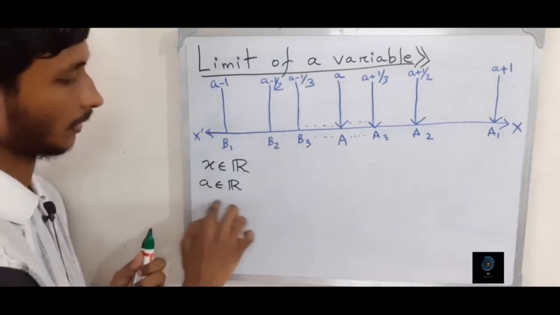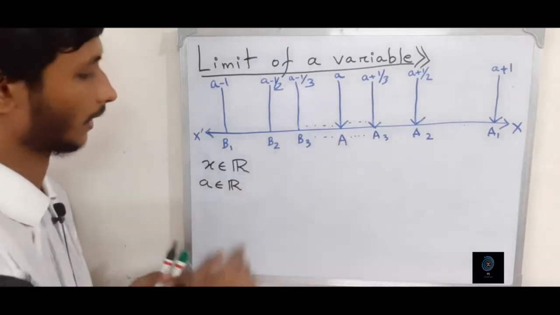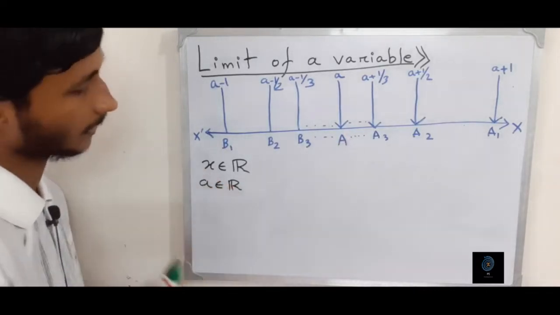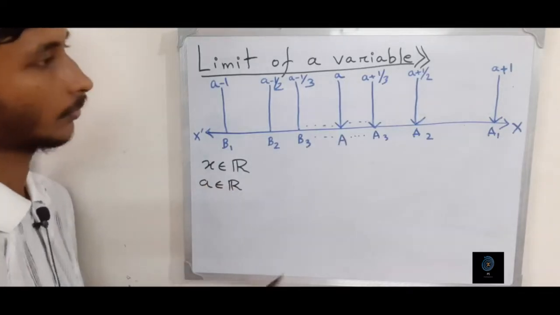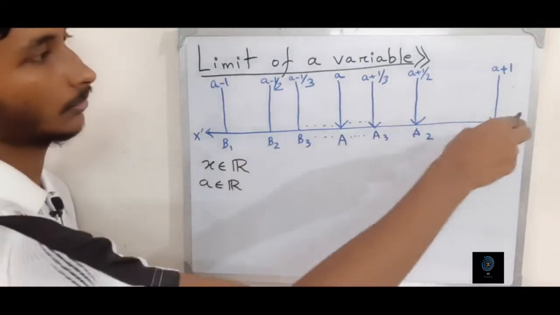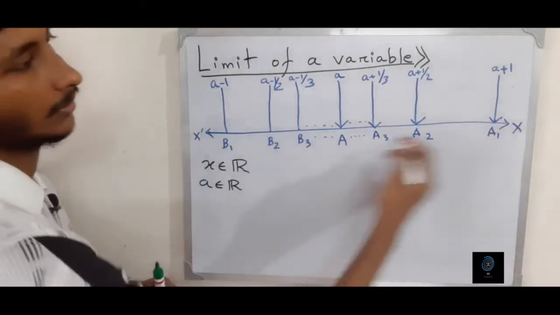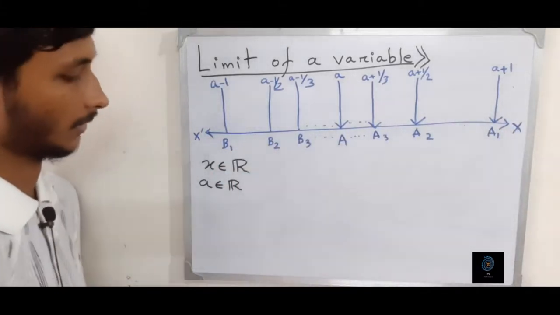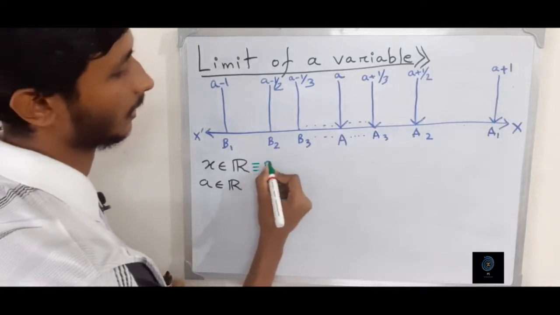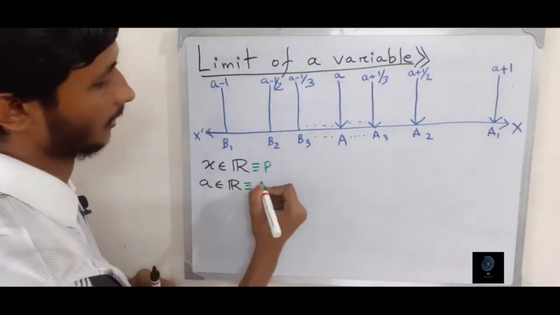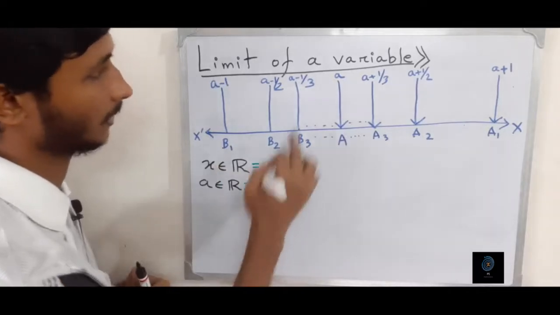Now for this constant a, we have got a representation in this diagram, but x is a variable. So for this variable, we take a moving point, say P, which can move all along the x-axis. So P represents x in this diagram, and this point A represents the constant a.